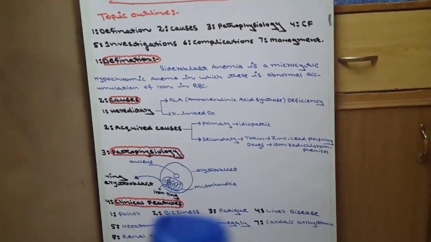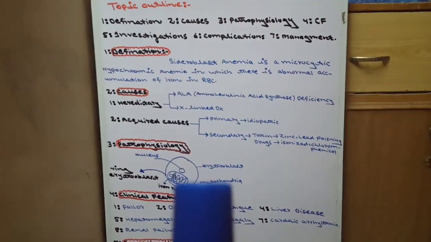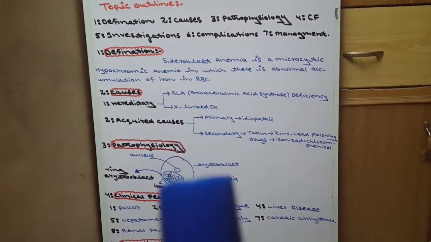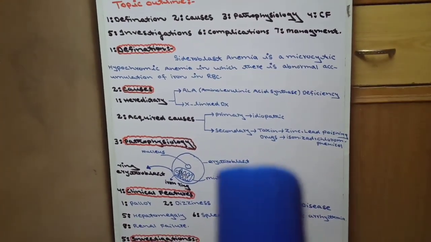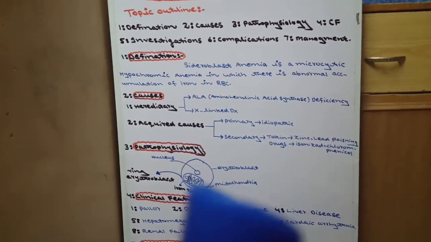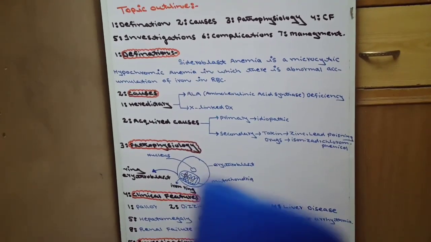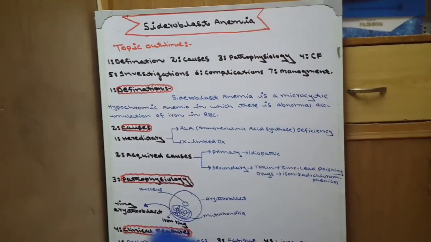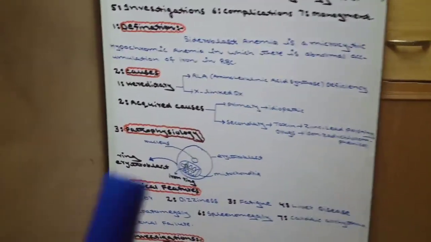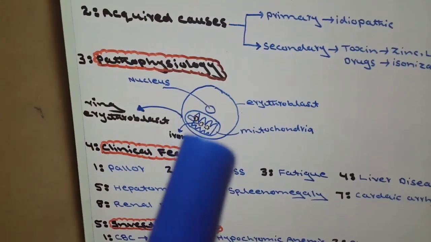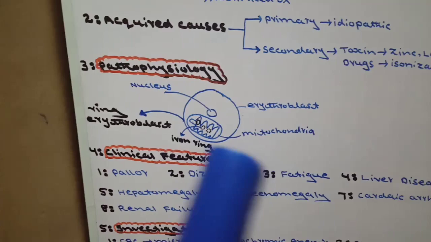Now come to the pathophysiology. Normally it is an erythroblast, which later becomes an erythrocyte. This is the nucleus of the erythroblast. This is the mitochondria of the erythroblast. Now in Sideroblast anemia, there is an abnormal accumulation of iron in mitochondria in the form of a ring.